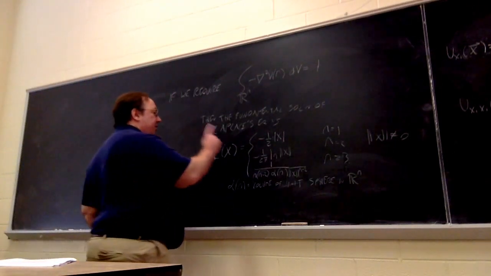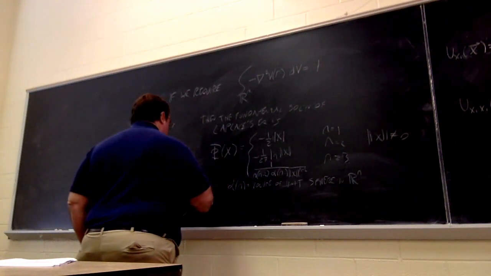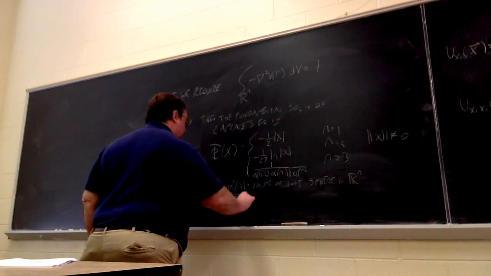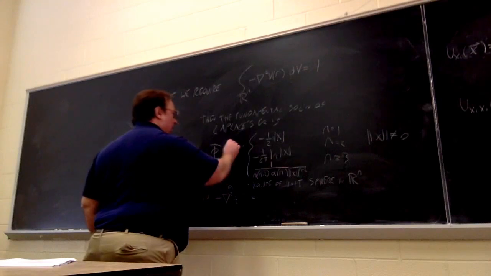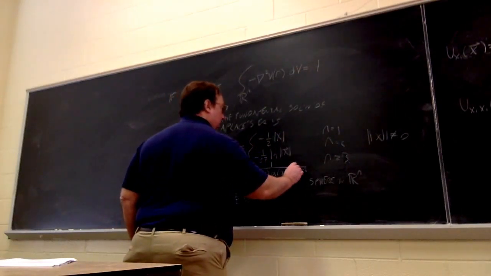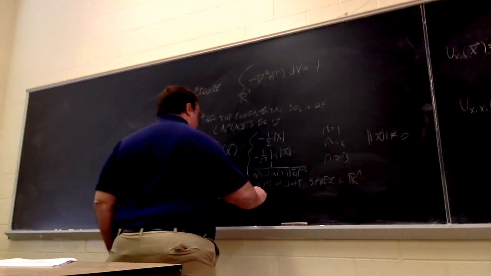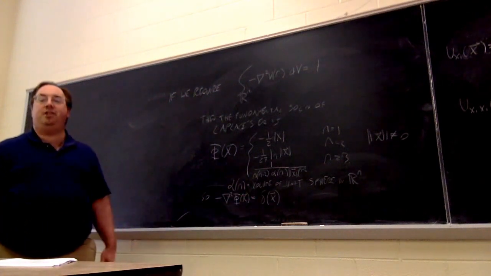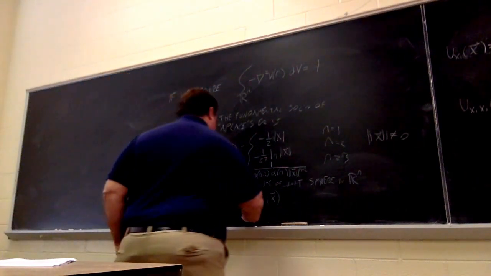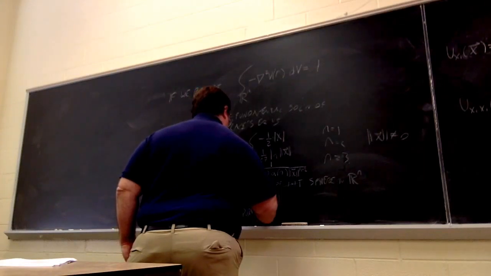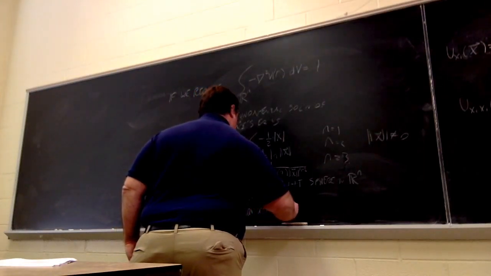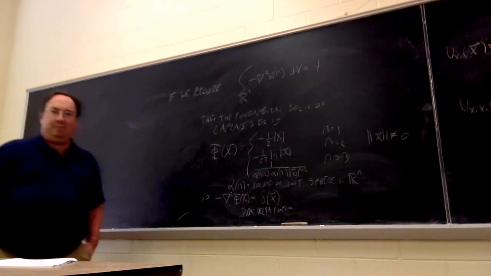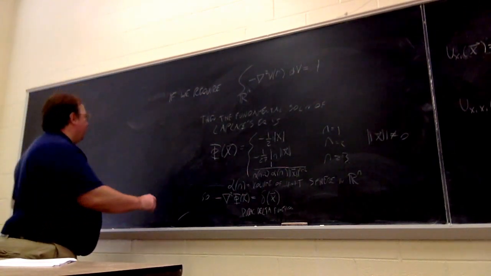Now, these constants are chosen so that the Laplacian is equal to this function, the Dirac delta function. Now, the Dirac delta function is a very odd duck indeed, because it satisfies these strange properties.